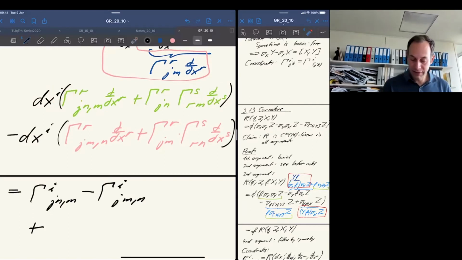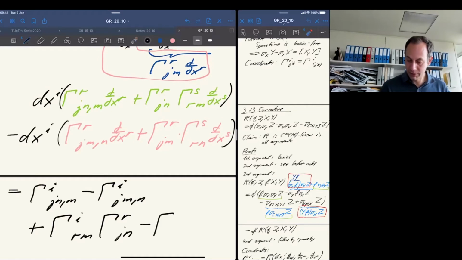So what I get here is gamma, and let me first write the second gamma, so it's the i r m, and then gamma r j n. Now I take care of this one as the next thing that appears with a minus. So the s turns into an i, r n, and then again gamma r j m.